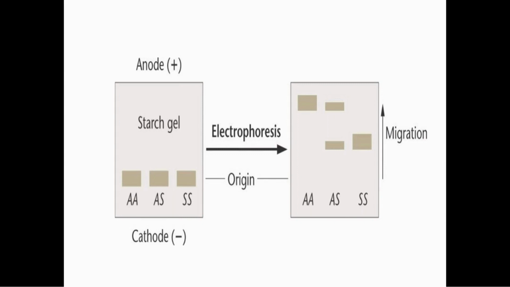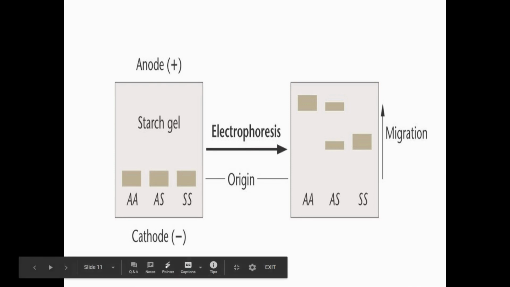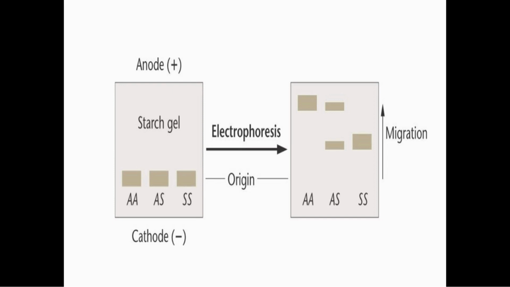Here you can see the types of hemoglobins: AA, which is the normal variant, AS and SS. All of them show specific movement patterns towards their respective anodes, so they can be easily recognized. This is the migration of these hemoglobin variants. This is the AA, this is the AS, and this is the SS.